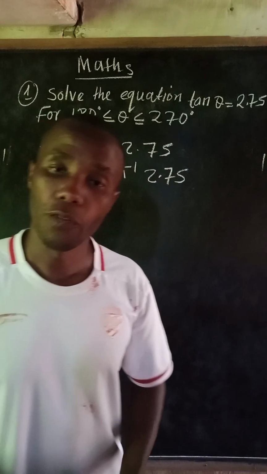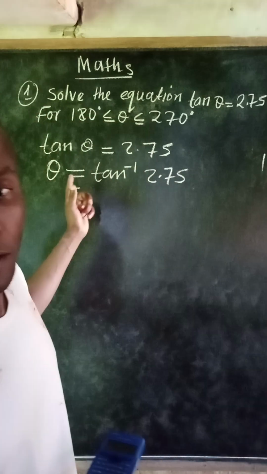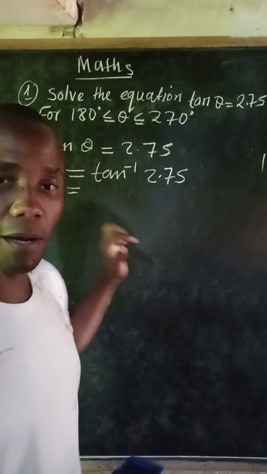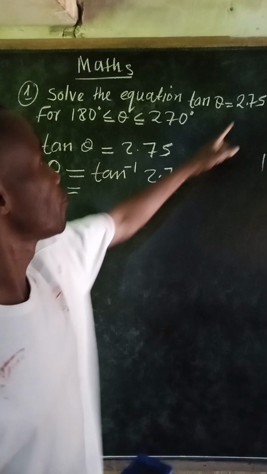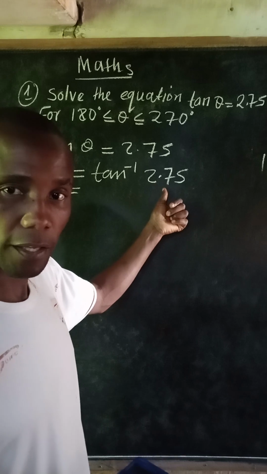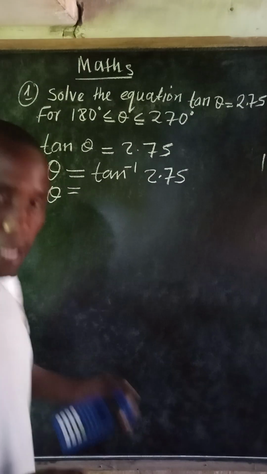You place the shift or second function, then you place the ratio, which is tan in this case. Then automatically this will pop up. After that, you put the number that you are given, the value, which is this one. Then it will automatically give you the answer.